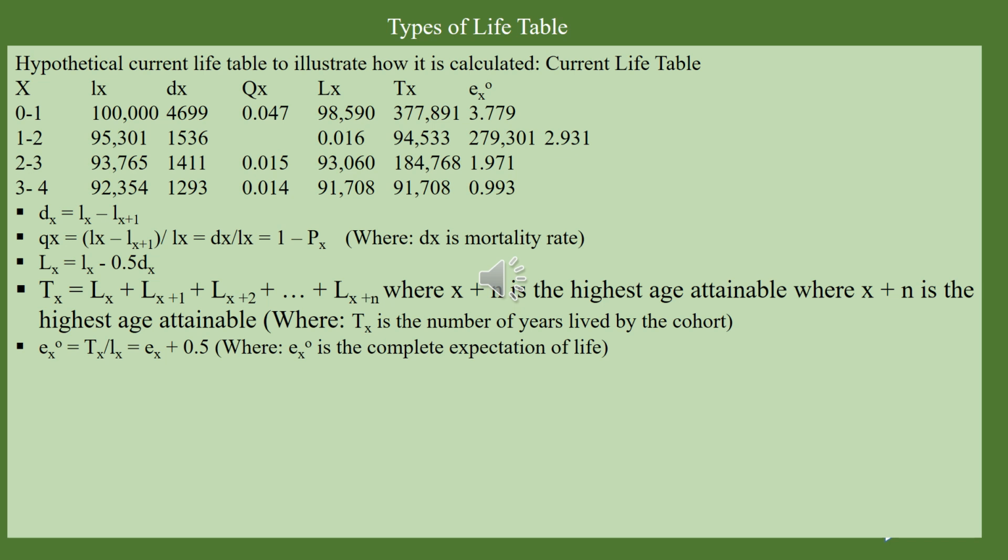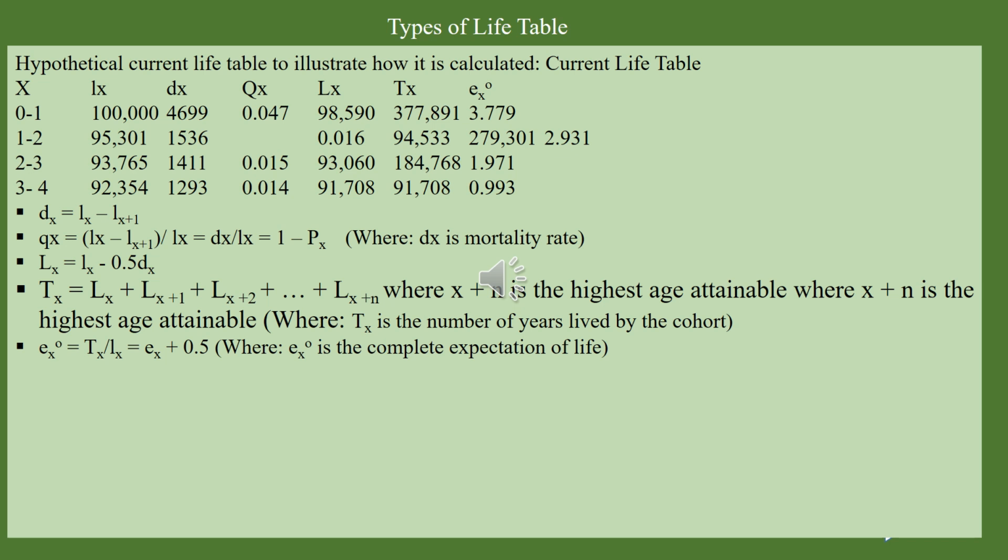The formula is given below. To get Tx, you simply add 98,590 plus 94,533, and so on. It will give you 377,891 in the first year.